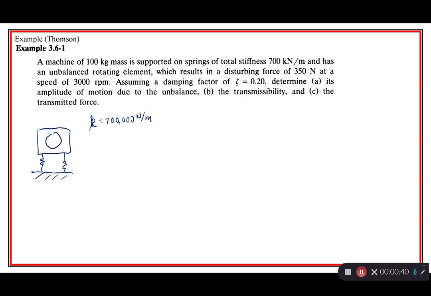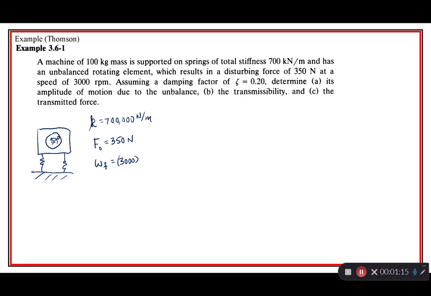So I like to draw that like this right here, and something like that, which results in a disturbing force, F0, of 350 newtons. So you can start doing this as you do your homework, then when you get to an exam, you can start picking the problem apart and maybe understanding it better. That's my opinion. So you can do that or do it your own way, whatever you think is best.